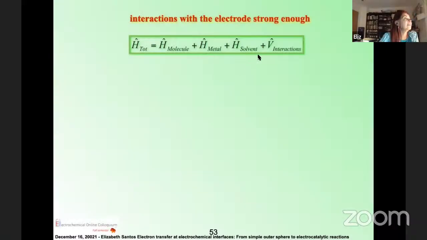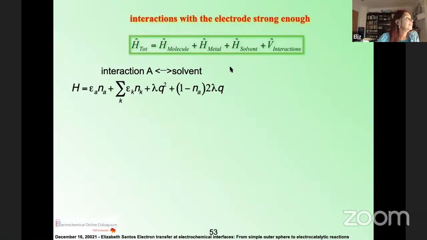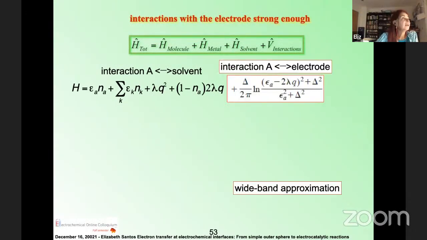I didn't write it, but there is a term that comes in. It is complicated mathematically, but the interaction is similar to that: we put the overlap, exactly the interaction in between, and the integral of the overlap between two atoms, or the atom and one state of the metal. And this integral is the interaction between both.